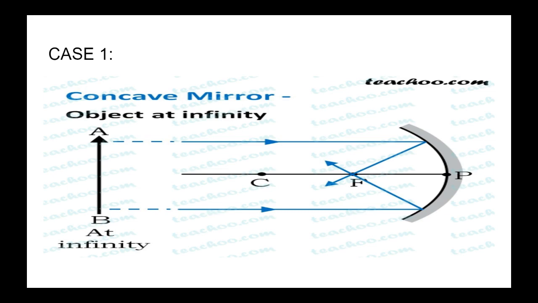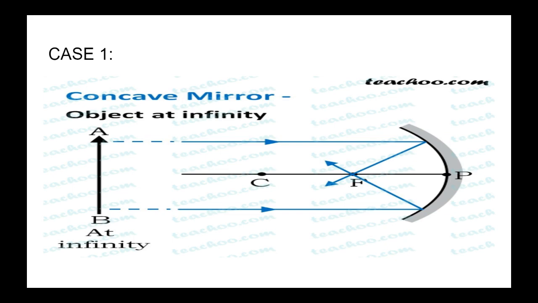The first case is, imagine any object like a candle. In this image, could you see A and B, the vertical line? That is the object, you can imagine that it is a candle. So the candle is placed at some point in front of a mirror.